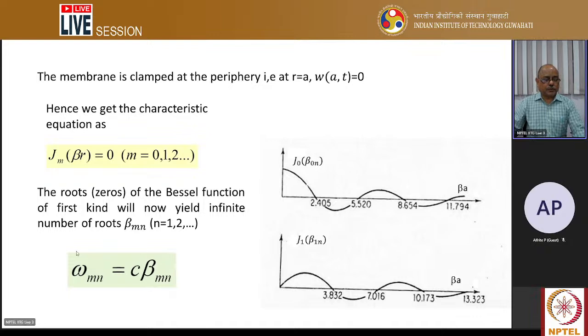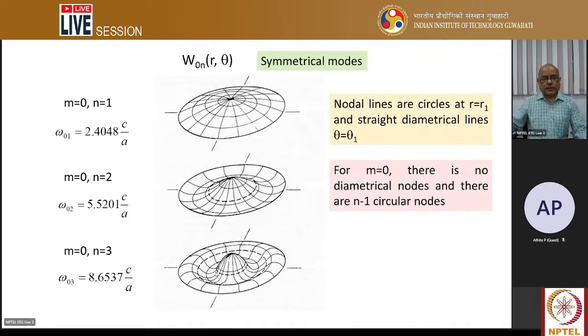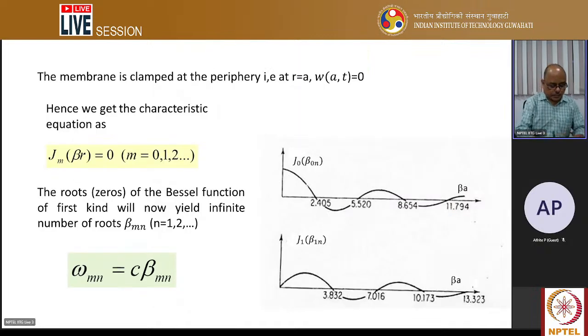And the solution of the frequency is very simple. Omega mn equal to c into beta mn, where c is the wave velocity, that is equal to root over T by rho, where T is the tension per unit length.